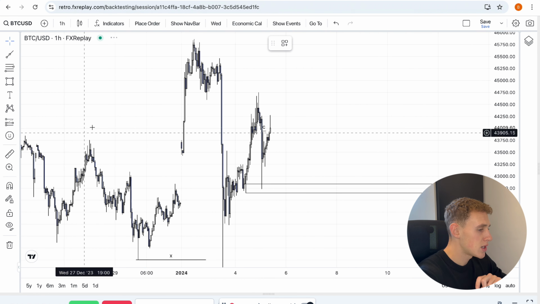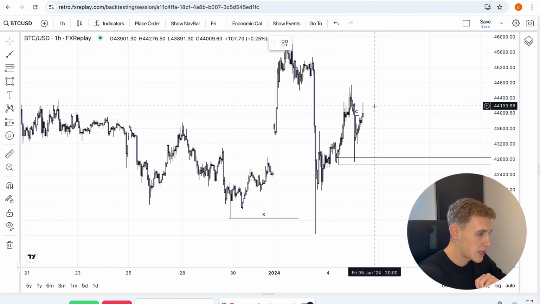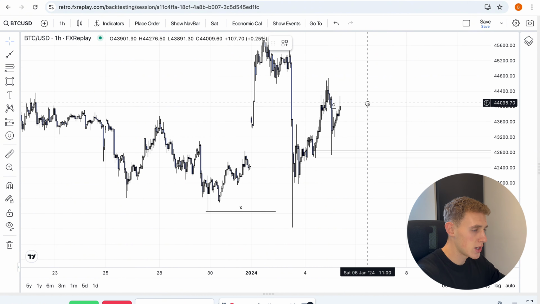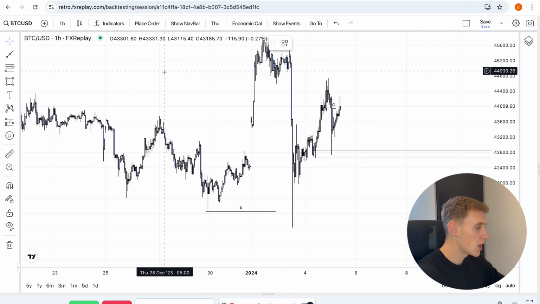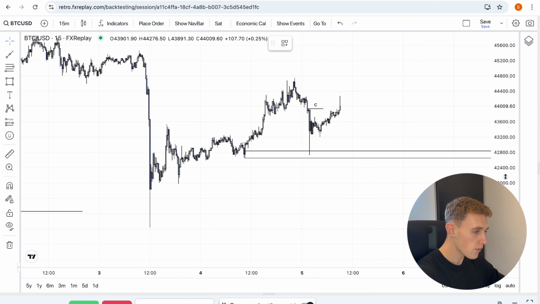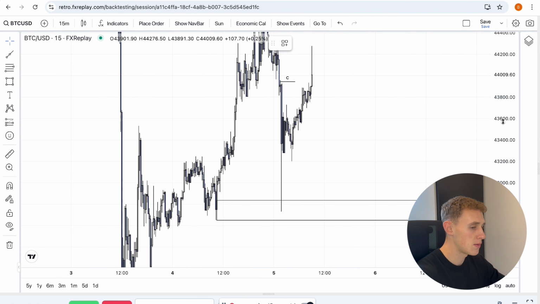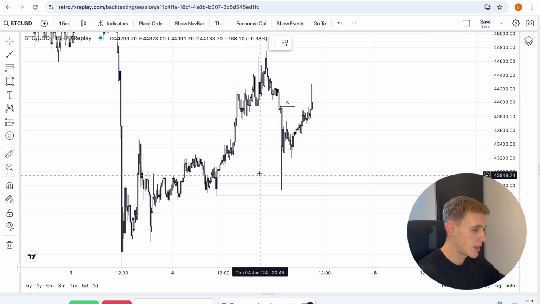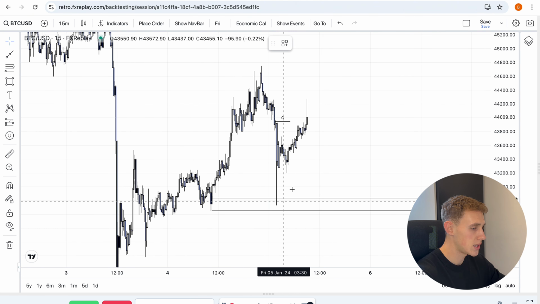One thing I've noticed so far on Bitcoin is that it doesn't really tend to create any lower time frame structure. It just makes these impulsive moves, quite similar to gold, where you'll just have an impulsive move. It looks like it's going to reverse, but then it will hold demand and just take out previous lows, and then it will continue up.